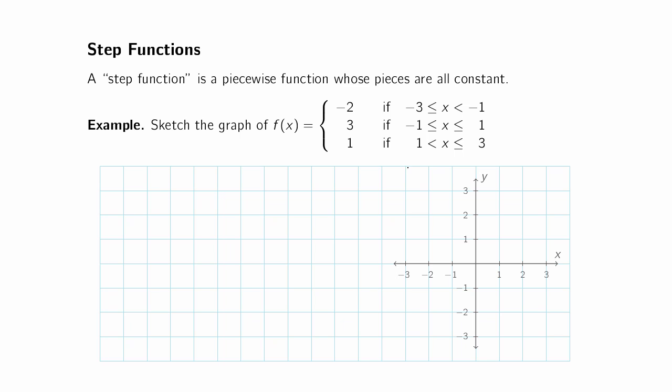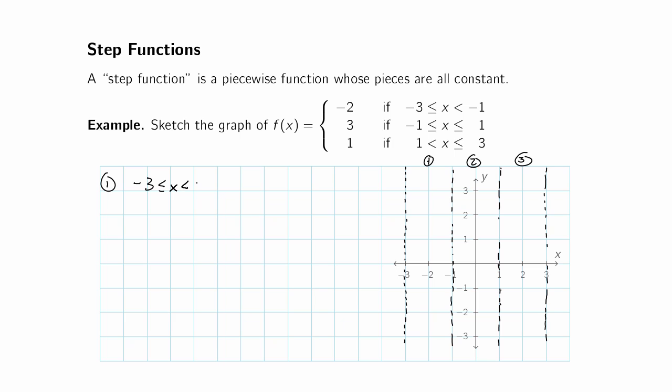So first, cutting our graph into pieces corresponding to the pieces of the domain. In piece 1, where x is between -3 and -1, we have that f of x is -2.